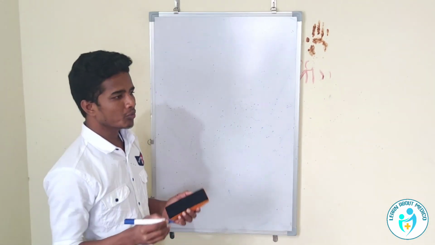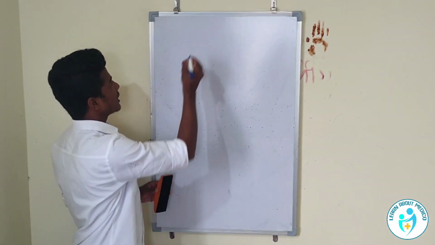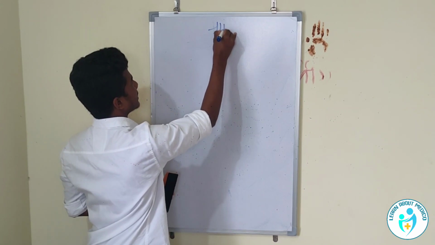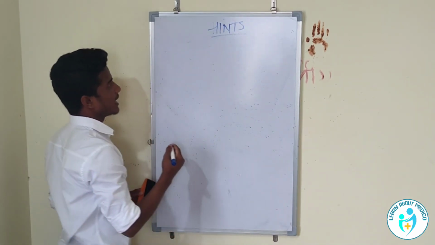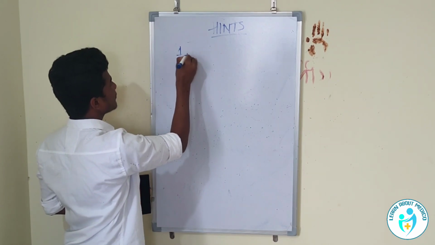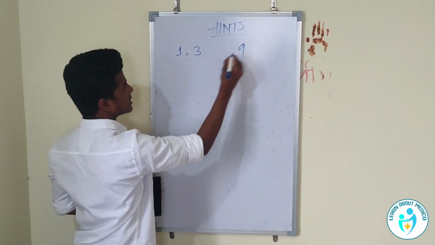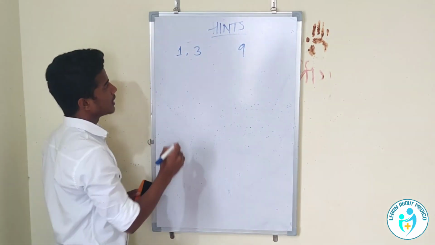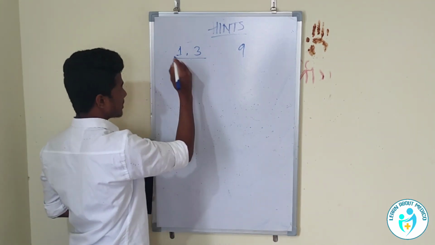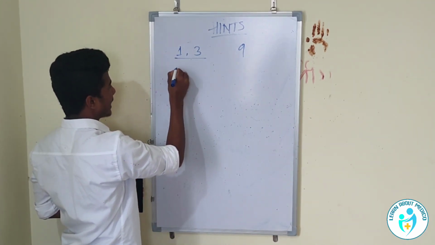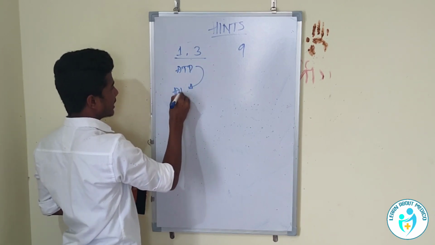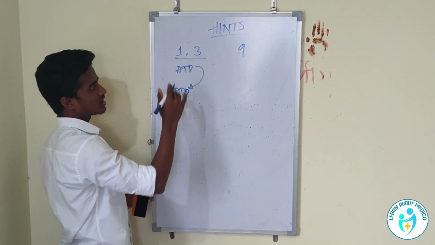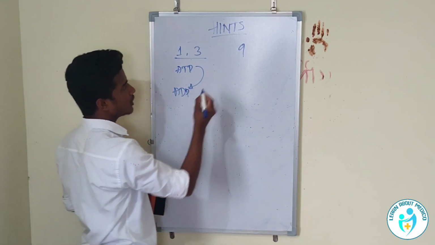And after this, we move on to discuss hints for remembering the glycolysis pathway. As I told you, the first step, third step and the ninth step are the irreversible steps. For the first and third step, we have to write ATP gets converted into ADP.